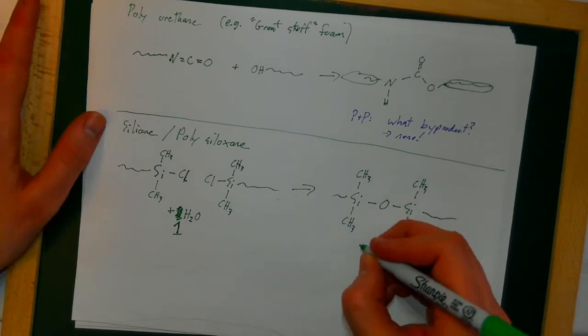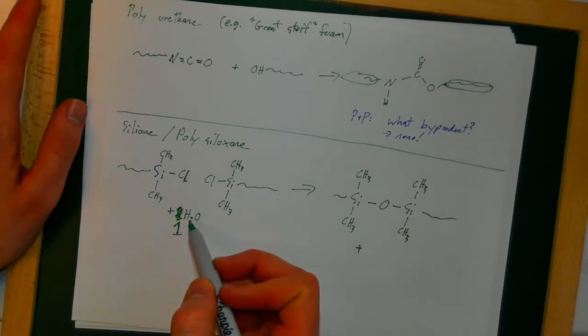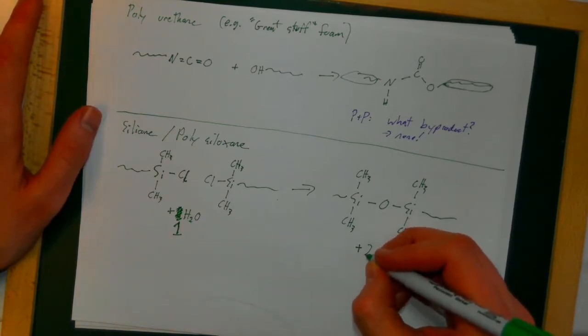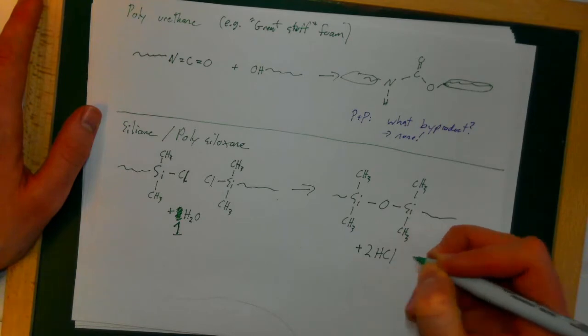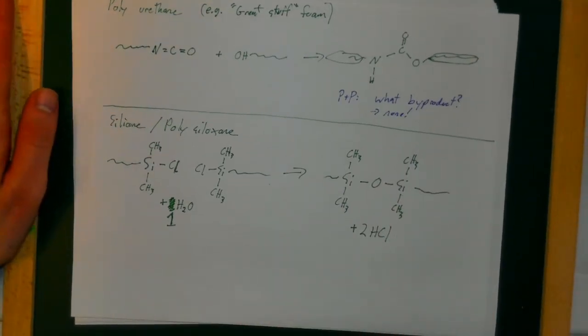And then as a byproduct, these two chlorines react with these hydrogens to form two HCl. So this kicks off hydrochloric acid as a byproduct.